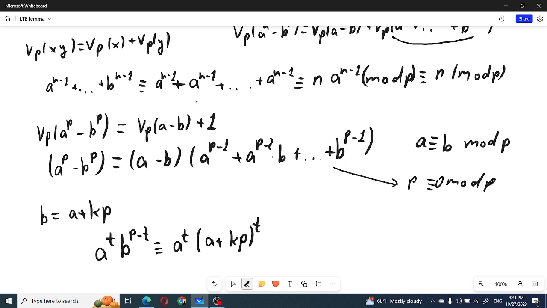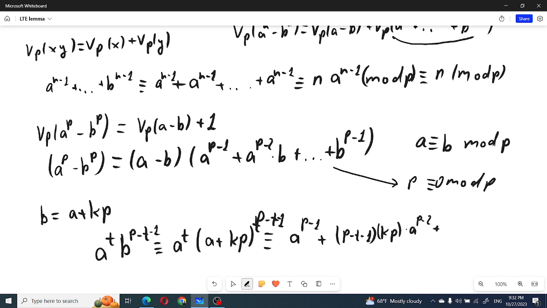And this, now we can expand this one. So this must be a to the t, p minus t, p minus t minus 1, p minus t minus 1, in this case we will have a to the p minus 1 plus p minus t minus 1 times kp times a to the p minus 2.